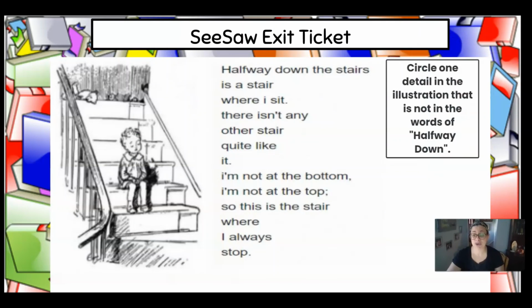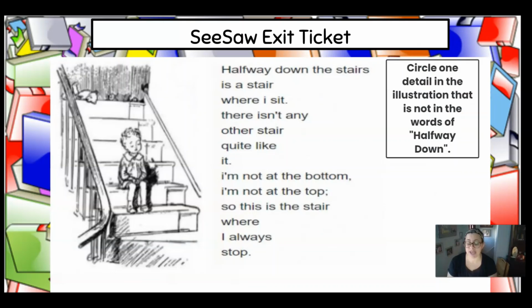We just explored the poem Halfway Down and looked at that illustration and pulled all of the details that were not said in the words. So today in Seesaw, you're going to do the same work, but you're going to focus on a couple lines from Halfway Down. The section of Halfway Down in Seesaw is: Halfway down the stairs is a stair where I sit.